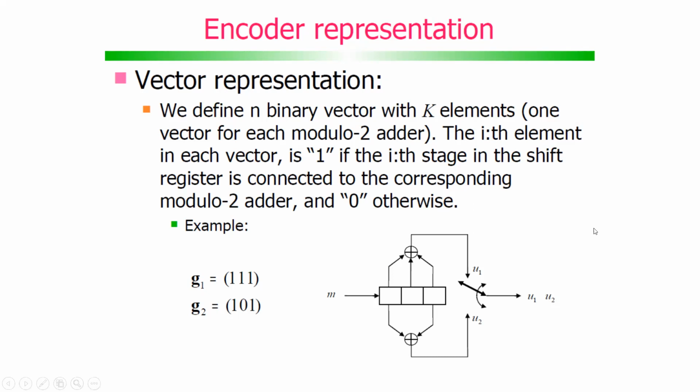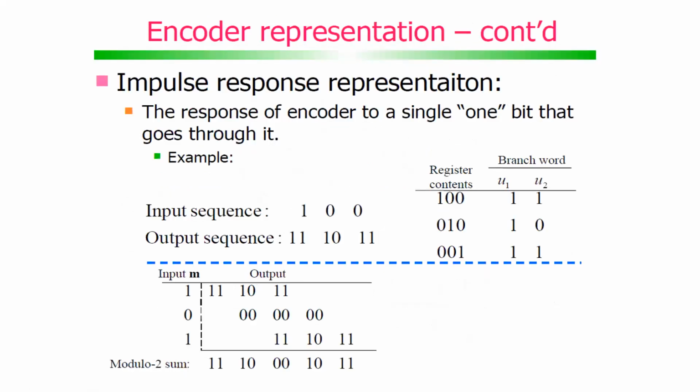So I can put the convolutional encoder in the form of a state diagram. Assuming that firstly the encoder state is 0, 0, and if 1 comes, what is the next state and what is the output. If 0 comes, what is the next state and what is the output. This is how we represent using a state diagram.